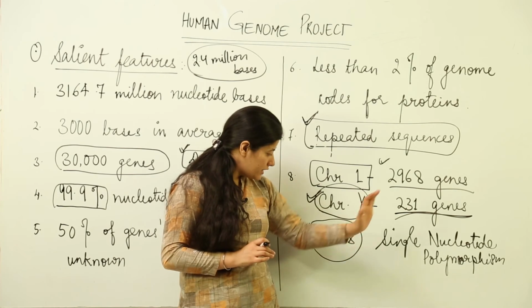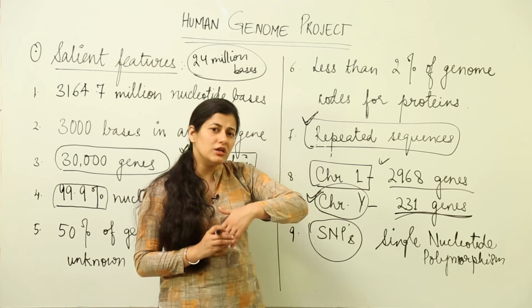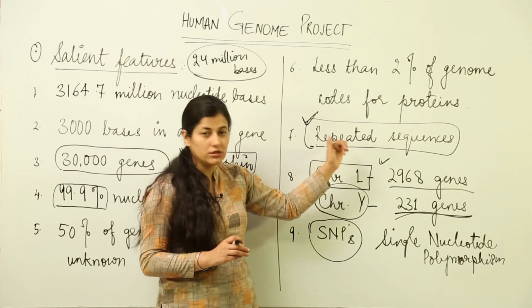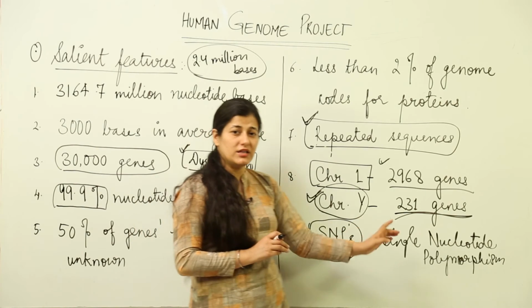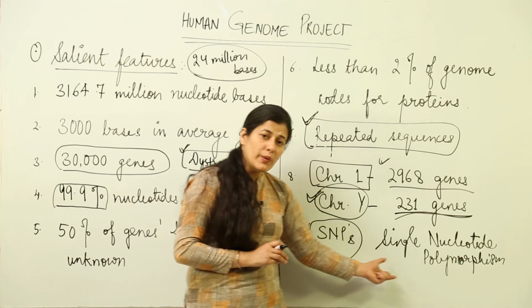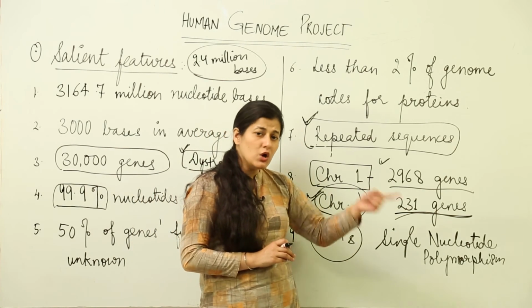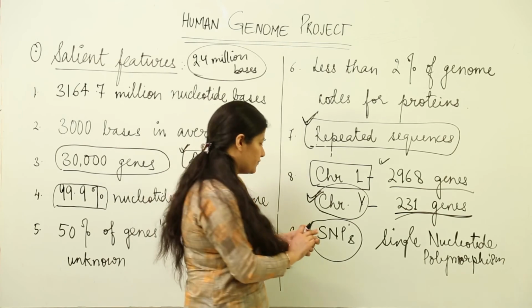And such single nucleotide polymorphisms, otherwise called SNPs, are found in huge numbers in this region. The non-coding region has many SNPs, where the repeated sequences will be similar. The only point of difference would be at a single nucleotide. That means a single nucleotide is different.